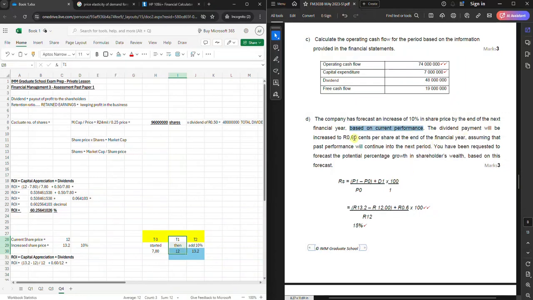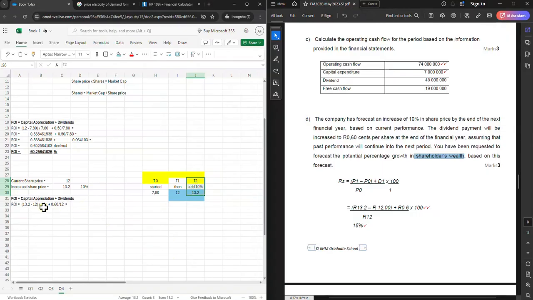The dividend will be increased to 6 cents at the end of the financial year. Assuming the past performance will continue in the next period, you are requested to forecast a percentage change in the shareholders' wealth. So my wealth is changing from here to there. Brilliant. So what is the answer here? Let's work it out quickly. Let's just quickly copy this.